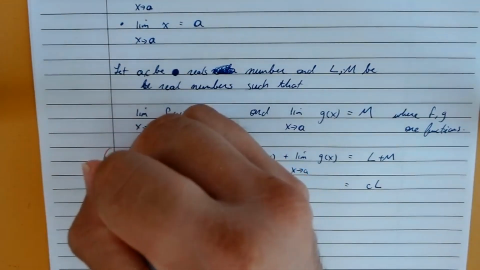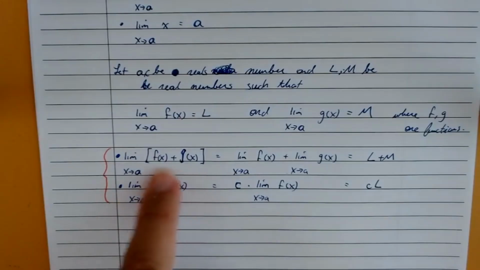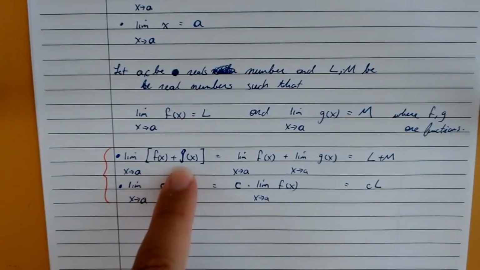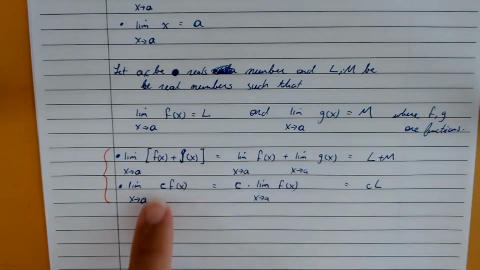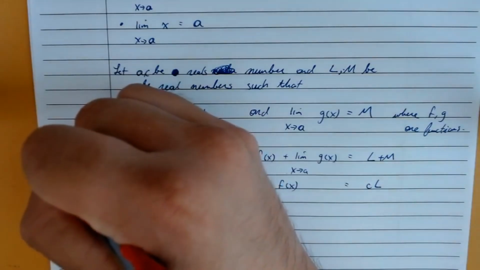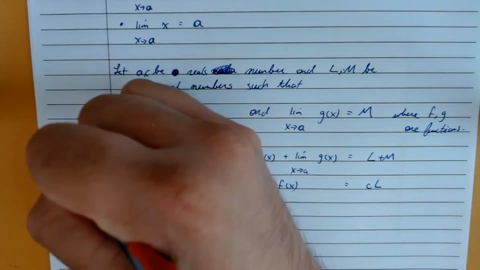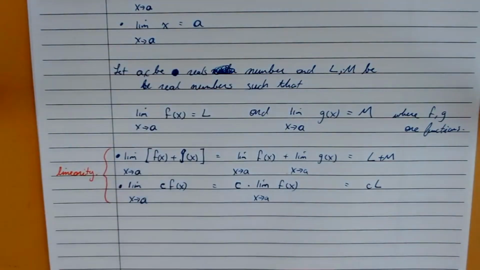It is an operation. So here, any operation that has these two properties, where you can add either before or after you take the operation, and where you can multiply by a constant, either before or after, this is called linearity. So the limit is a linear operator.